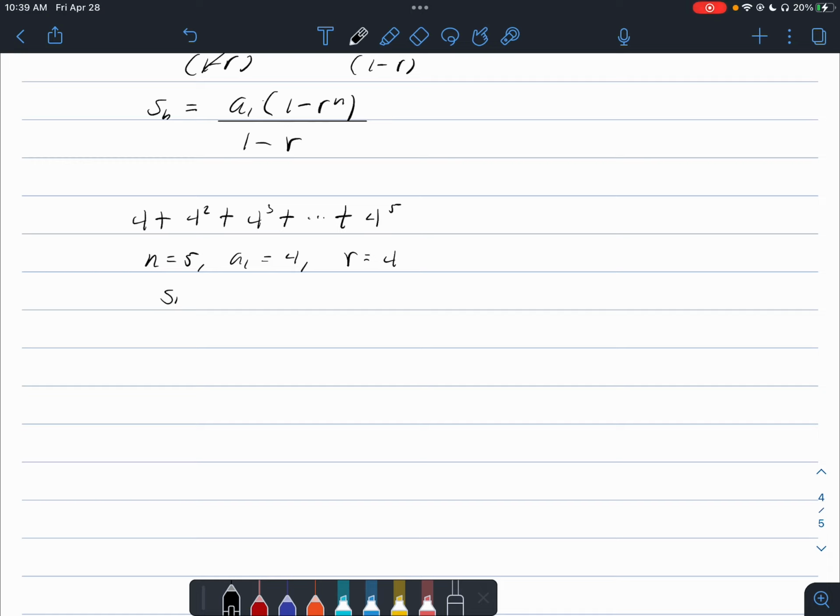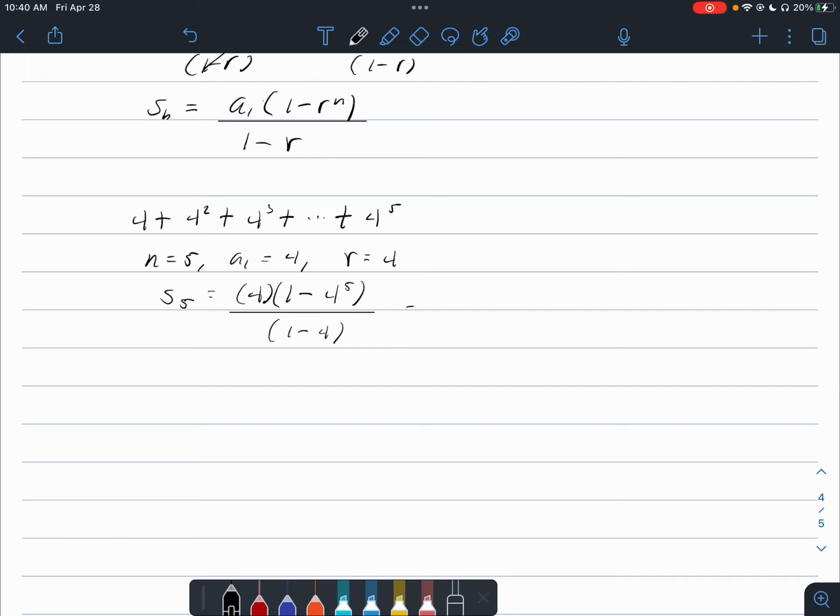So we have S sub n, or I guess I should say S sub 5, is going to be equal to A1, which we said was 4, times 1 minus 4 to the fifth over 1 minus 4.